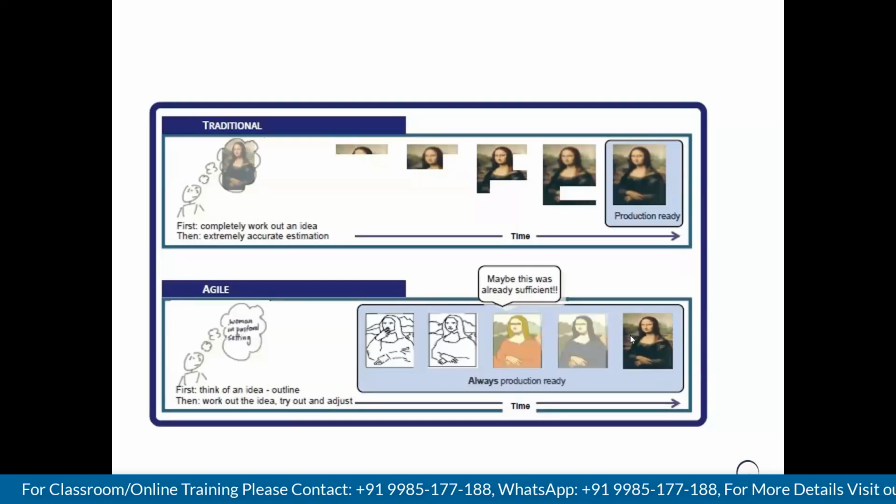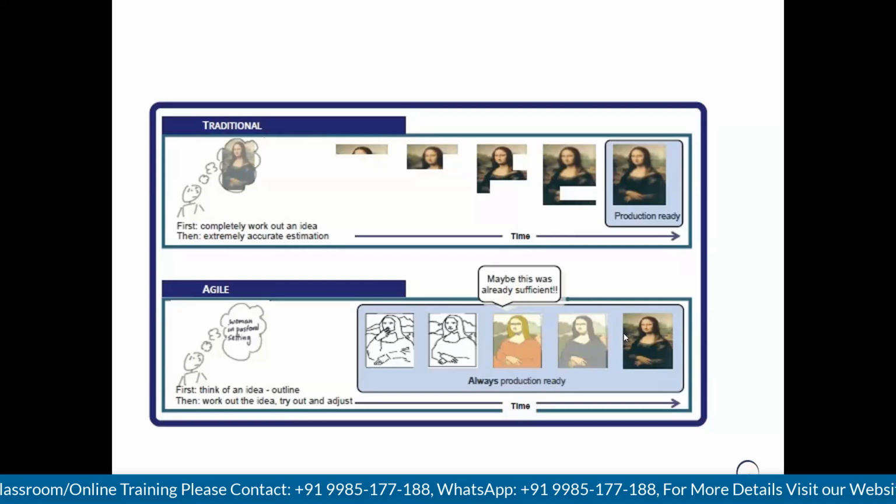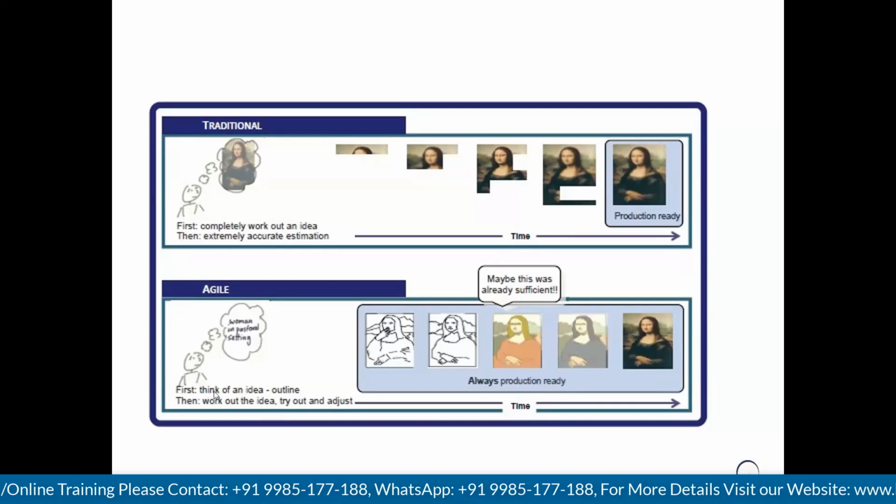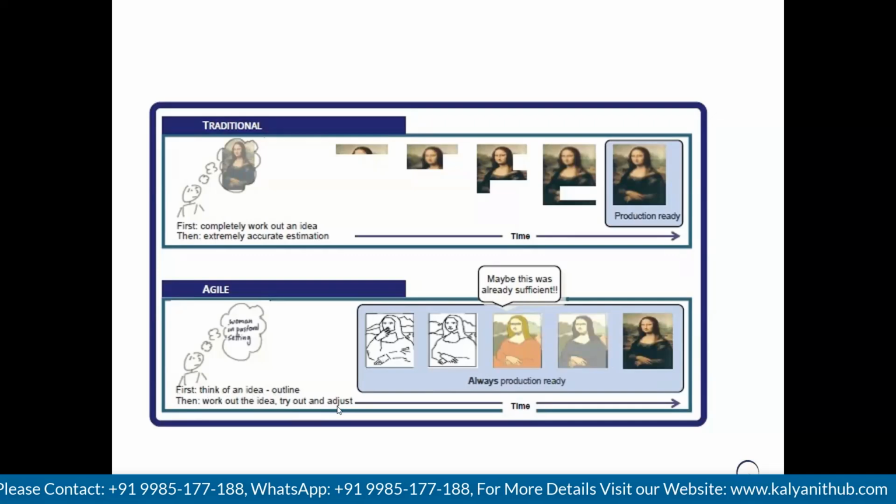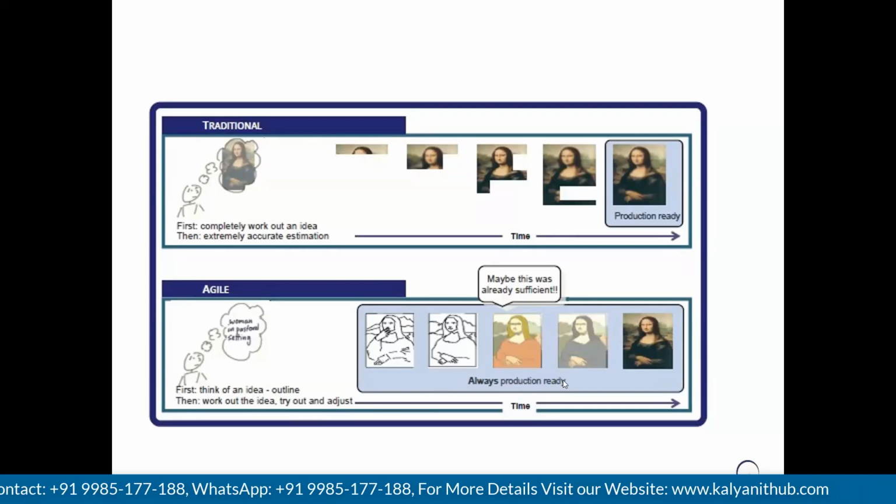We set all the configuration based upon first thinking of an idea outline, then we work on the idea and can always adjust until production is ready. So here we can reduce the time and improve efficiency.